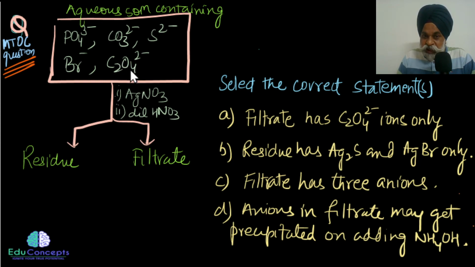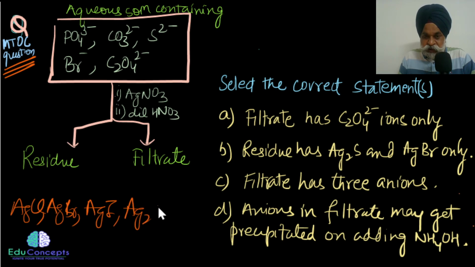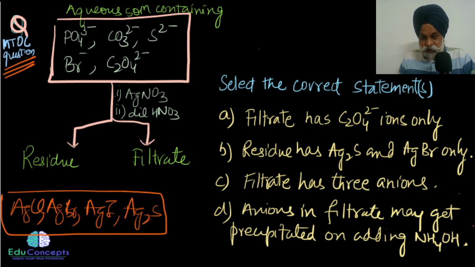But in HCl or in any mineral acid, only AgCl, AgBr, AgI and Ag2S, these would not dissolve in acid. These would remain as residue. So these would not dissolve, make it a point, in an acidic medium.